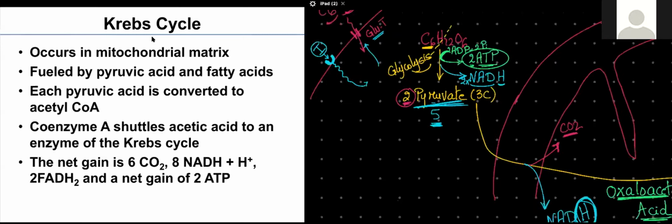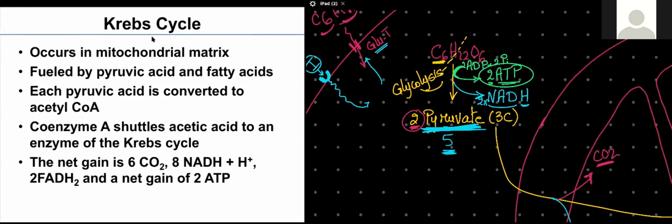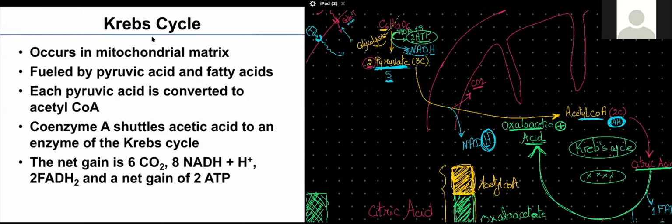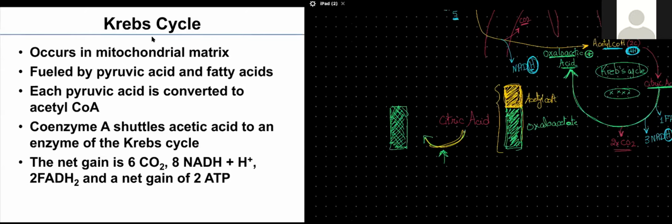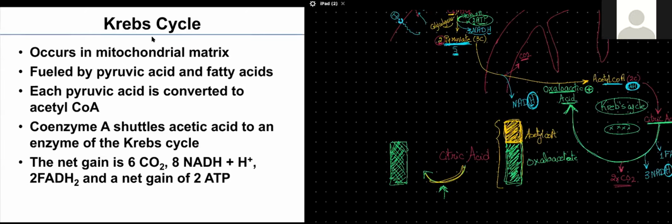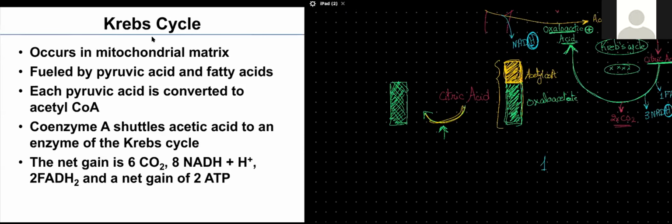Remember, each glucose is producing 2 pyruvic acids, and each one of them is going to be transformed into acetyl-CoA that will pass through this cascade of reactions. So how many hydrogens did I lose through the Krebs cycle from the glucose? I have lost 10 hydrogens.